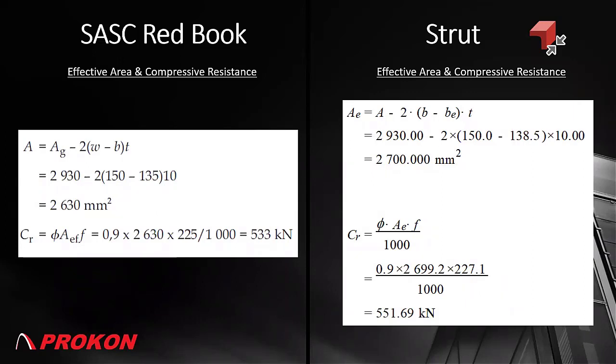STRAT considers this and iteratively calculates a new effective area and effective critical buckling stress. Since the sectional area has changed, the critical buckling stress also changes, and then the sectional area is once again affected by this new critical buckling stress.